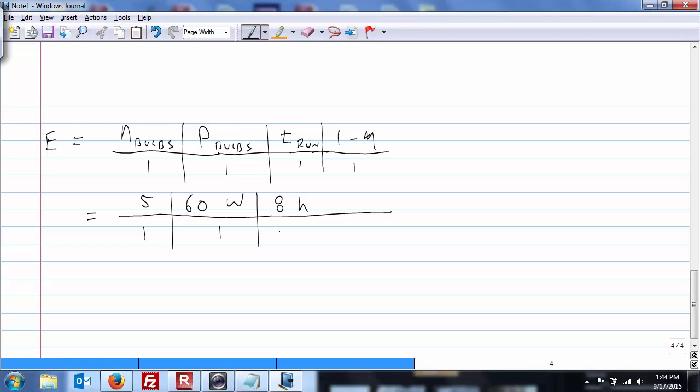It's 8 hours per day, and I'm going to have to complete this with time by saying I've got 365 days per year. And then finally, I'm just going to multiply it by 1 minus 0.1. That's the efficiency.